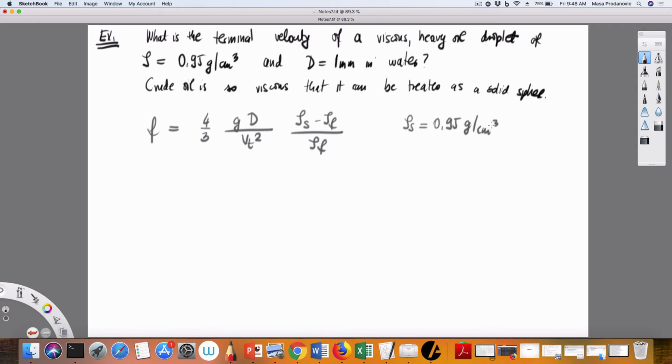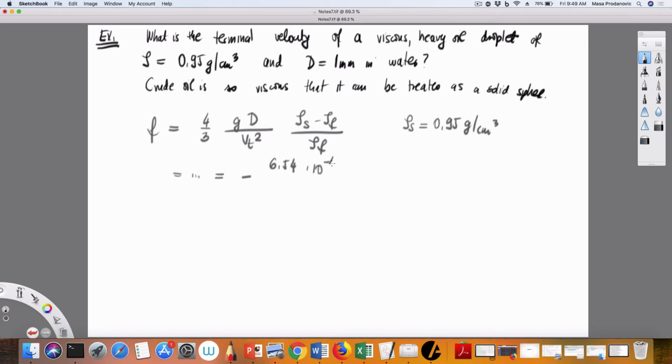So that's my definition of friction factor. When I plug in the numbers, it's going to be negative. So that means that it's actually a rising droplet. That's fine.